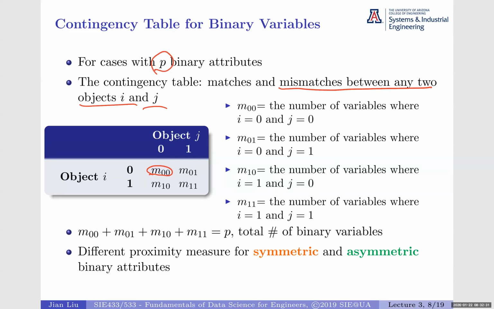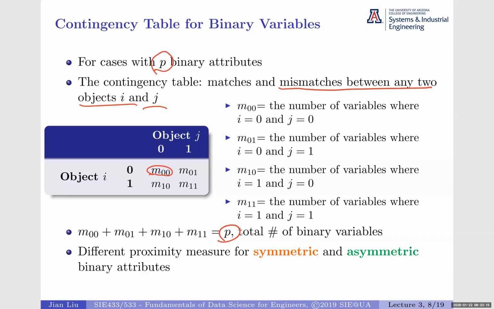Number of variables where I equals 0 and J also equals 0 means they match each other. And M01 means I has 0 for those binary variables, J has 1. M10 and M11 are defined similarly. So the total number of binary variables for modeling these 2 data objects is equal to the summation of all these numbers, which we define as P. That's the total number of binary variables we use to model the data objects.